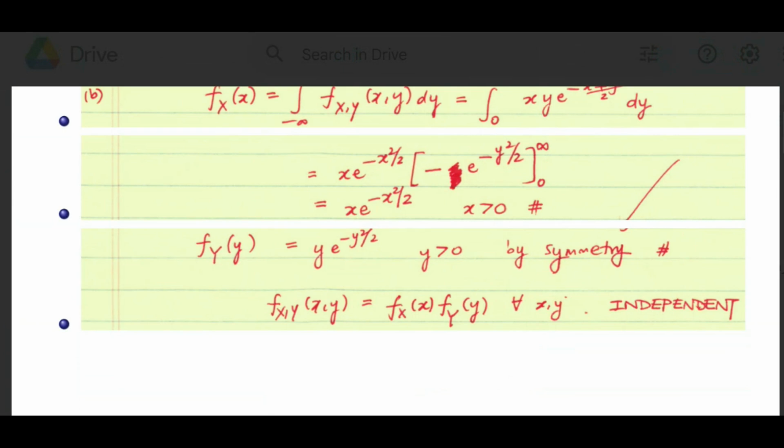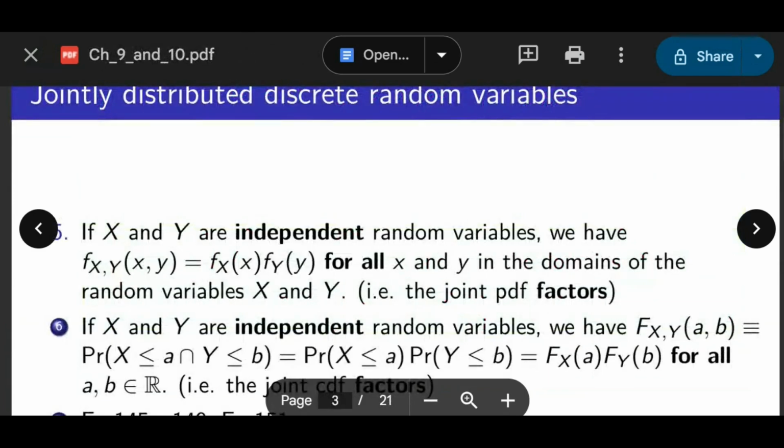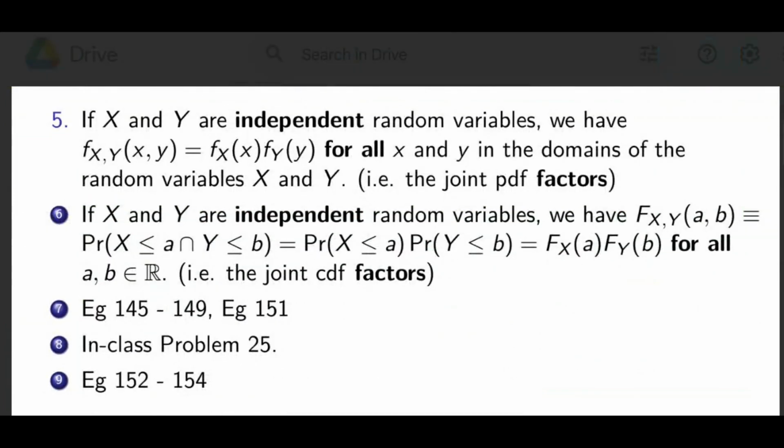So these are just the analog. The thing that gets in the way of these things is unfortunately the calculus. But the analogous arguments are easy to understand. Densities of random variables that are independent factor. Right? You can split them up like that. Okay, so let's go back to our notes. If X and Y are independent, we find that their joint density factors.